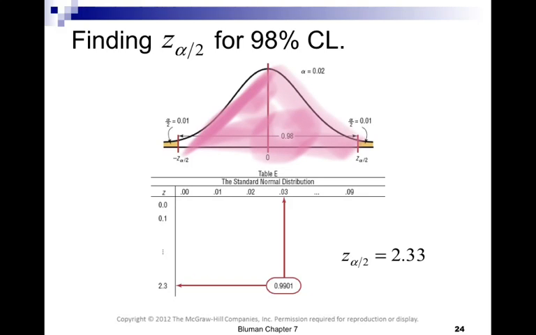So you have 0.02, or 2% of your data, in each little tail here. So that's why it's z of alpha over 2. This is your alpha, so alpha over 2 is 0.01, which means that's what's in each of these tails.